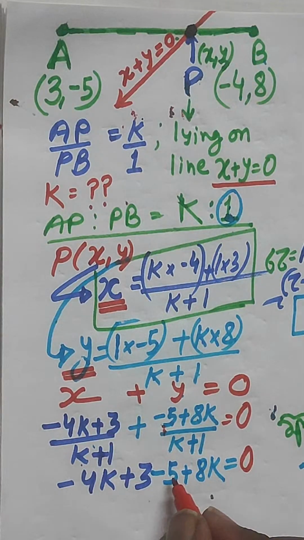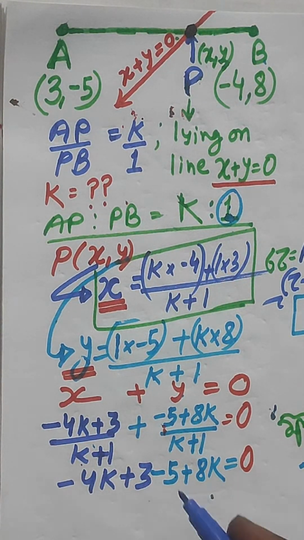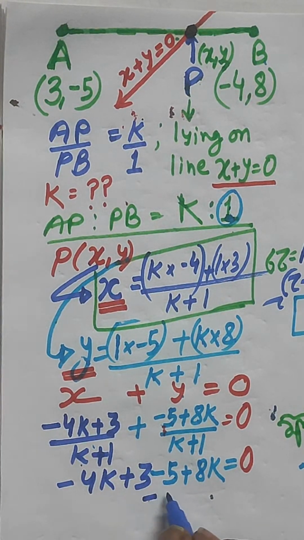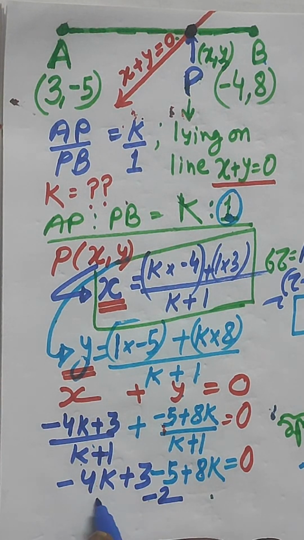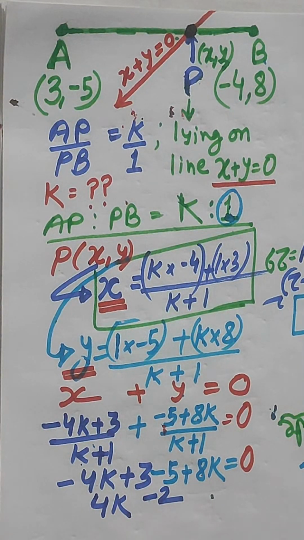So this will give you minus 5 plus 3, which is nothing but minus 2, and 8k minus 4k is nothing but 4k. So 4k minus 2 can be equated as equal to 0.